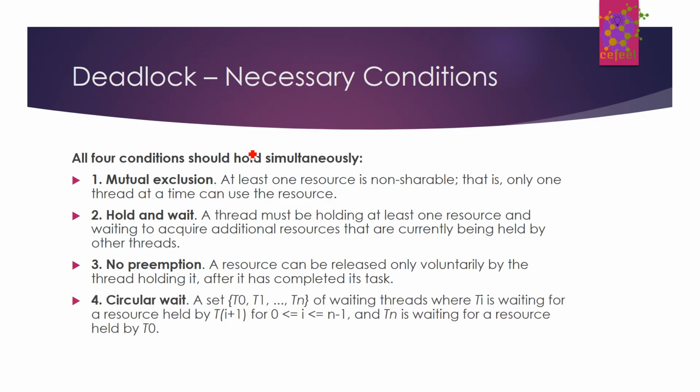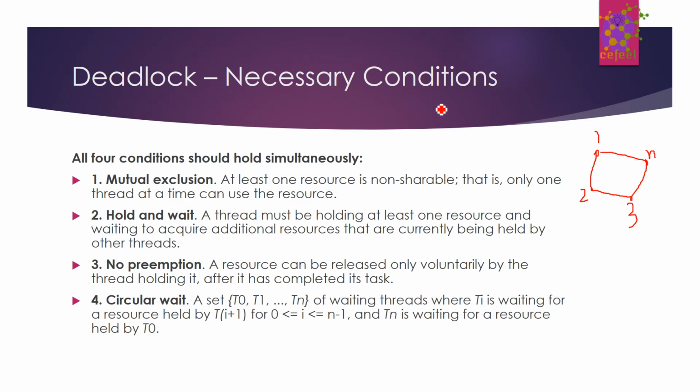And the fourth and last condition is that there has to be a circular wait of threads, in which each thread is waiting for another resource. Basically, thread 1 is blocked because of thread 2, thread 2 is blocked because of thread 3, and so on, and finally the last one is waiting for thread 1.